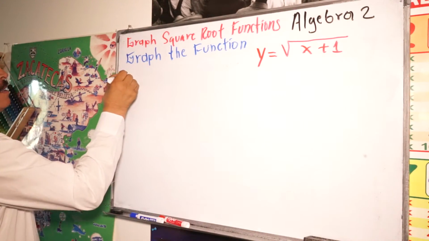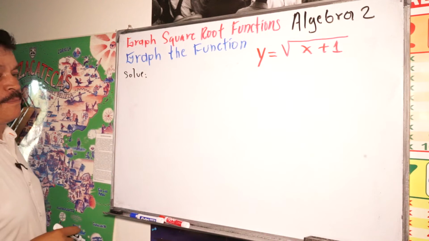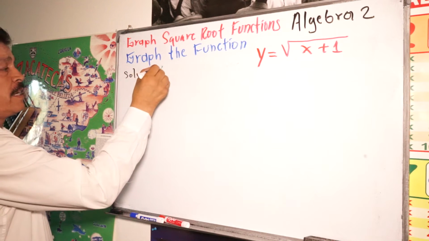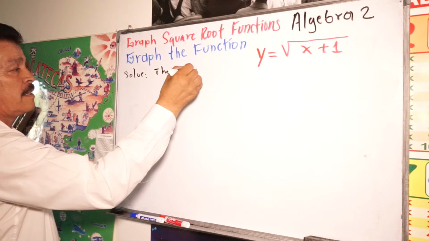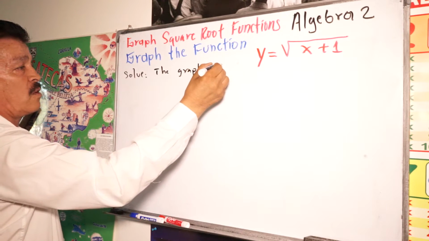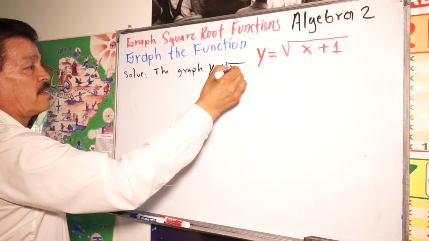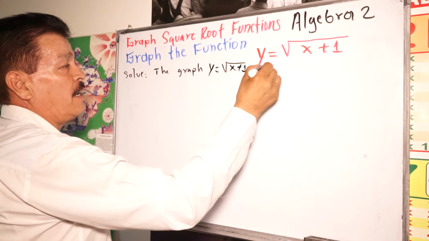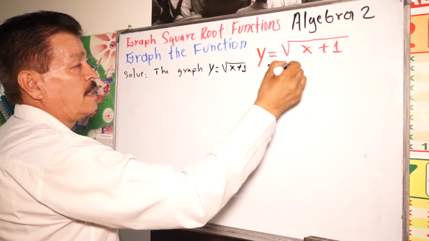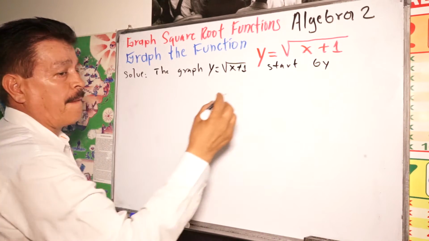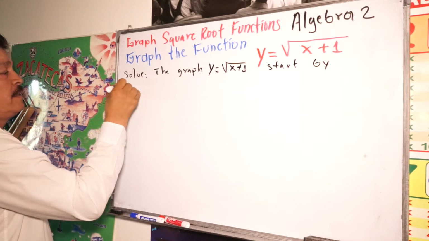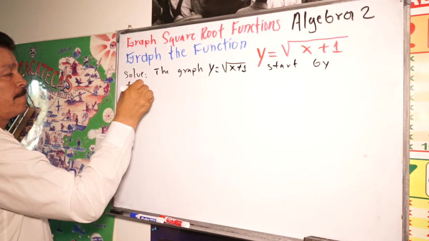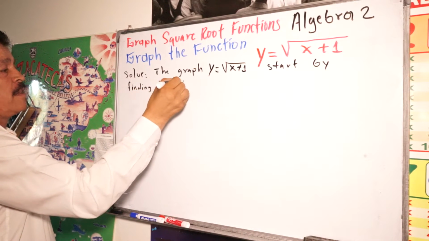First, it says graph y equals square root of x plus 1. Start by finding the endpoint.